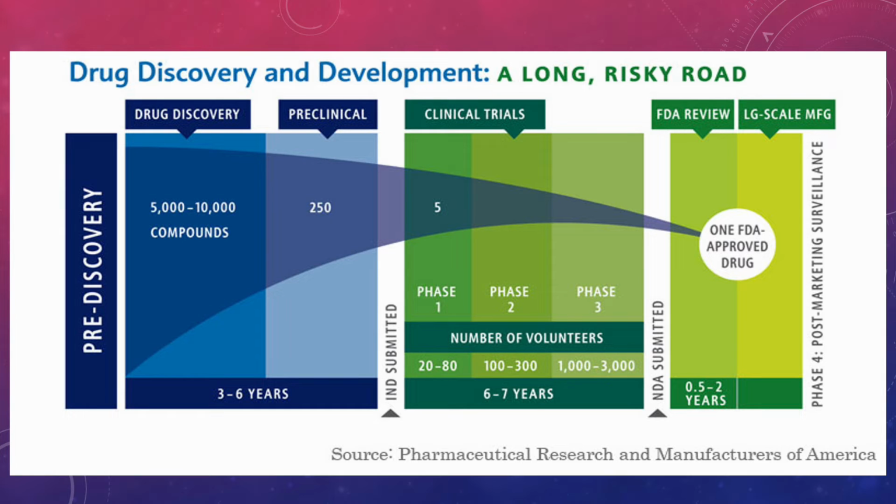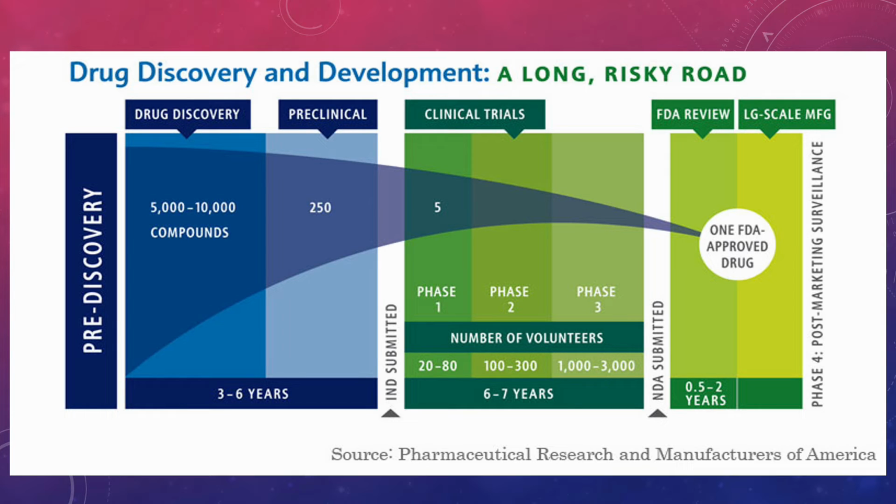Next, we have the preclinical studies, where the lead compounds are tested both in vitro and in vivo. So experimental models that come as close as possible to resembling humans are used in vivo studies. So here we use animals. Once fully characterized, the most promising compounds become lead candidates.